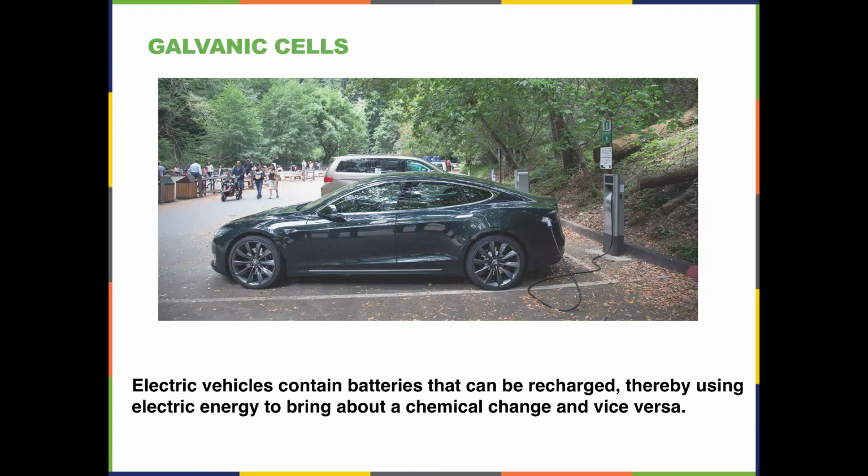So we use batteries everywhere, and these batteries are put together in such a way that they take advantage of electricity produced by chemical interactions. We'll talk about the first part this week, and then more specifically about batteries next week.